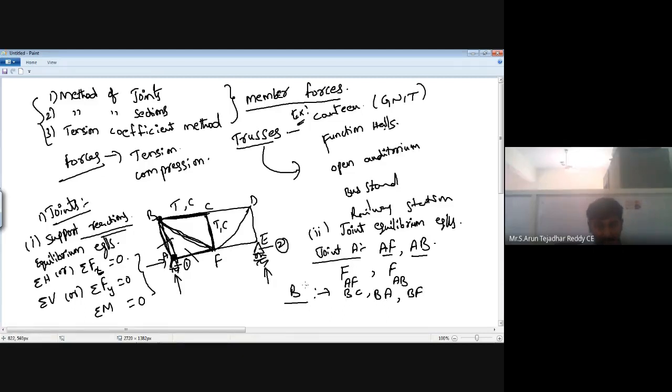Next we need to calculate the forces of these three members: FBC, FBA, FBF. This is completed, this is completed. Like that we have to complete the remaining member forces also.